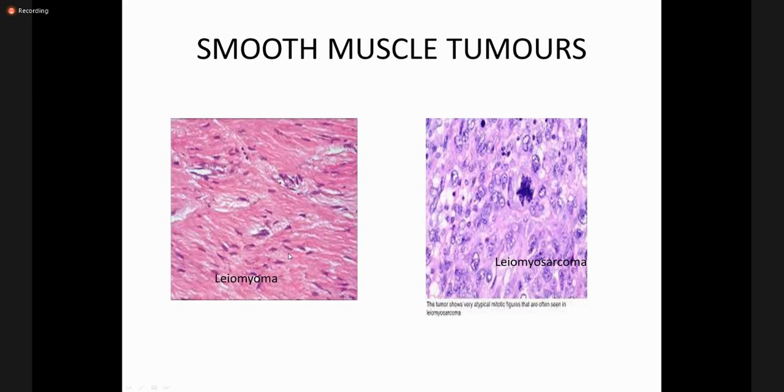No atypia, no mitosis, no pleomorphism. Here you see atypical mitosis, which is basically a quadripolar mitosis, and a lot of atypia in the nuclei, which represents malignancy. Again, these are rare in the bone. They are more common in the female genital tract, like the uterus, and in the soft tissues.